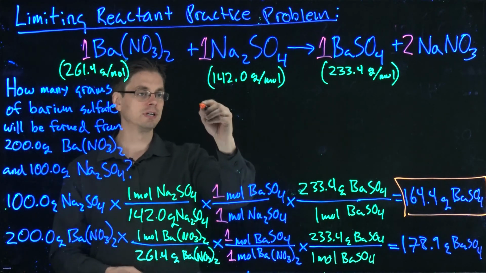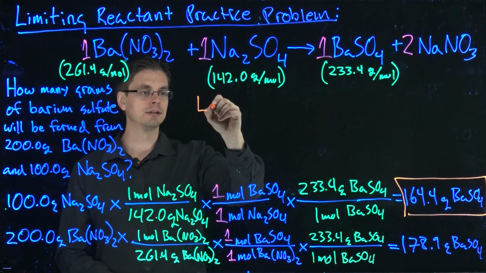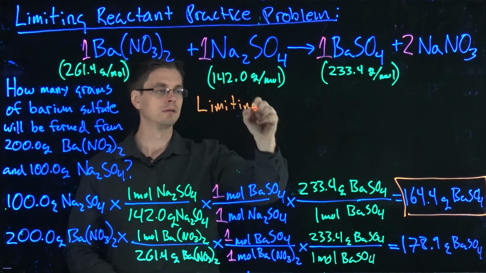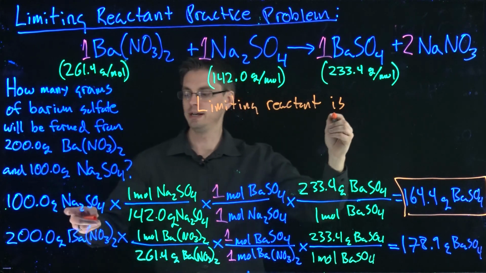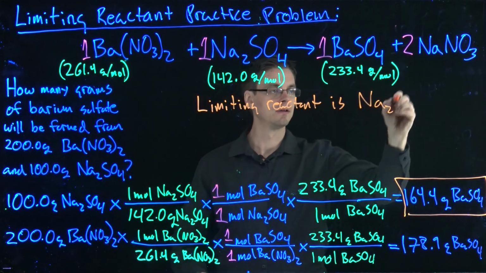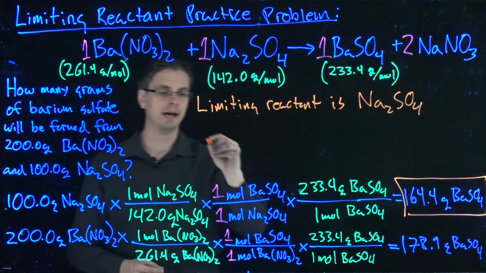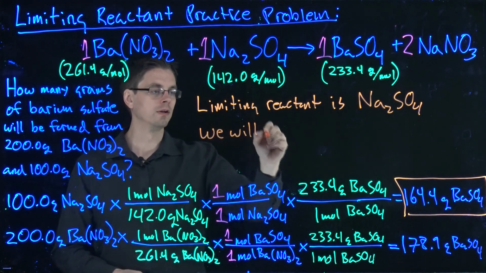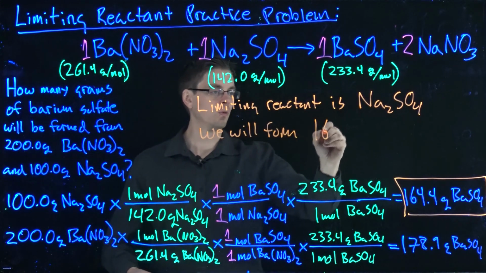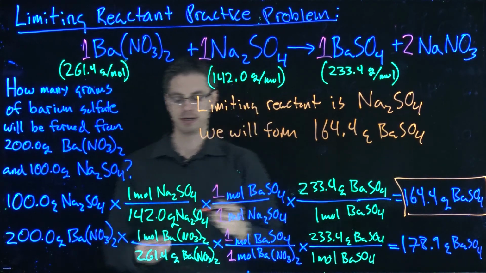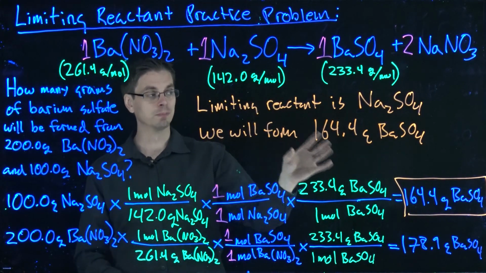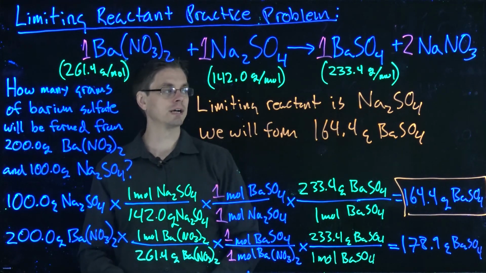So the final answer here is that the limiting reactant is going to be our sodium sulfate, and we will form 164.4 grams of barium sulfate by completely reacting all of our limiting reactant, sodium sulfate.